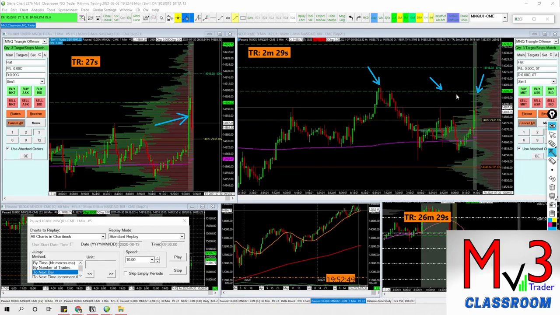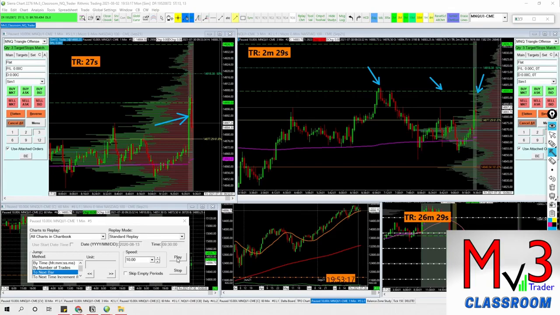So all of these things, the structure from the volume profile, the power range low, and our price structure, all of that is lining up. With all of that being said, that gives me the signal, and I could have taken the trigger there, breaking the low of this green candle, right?